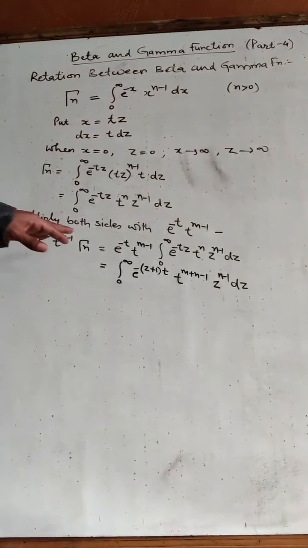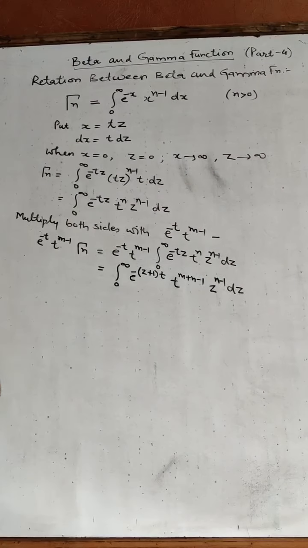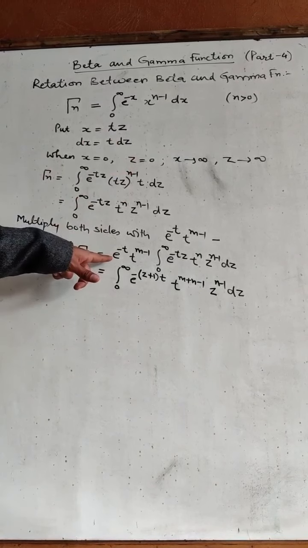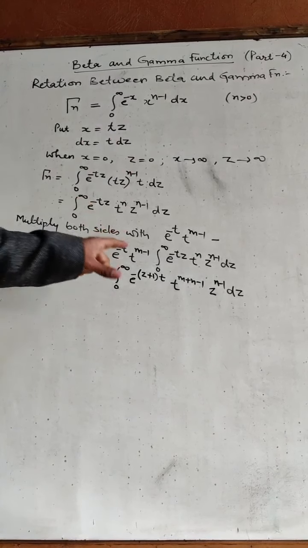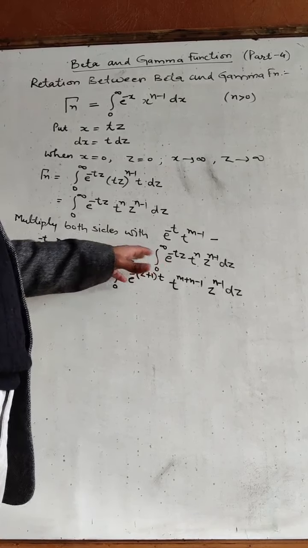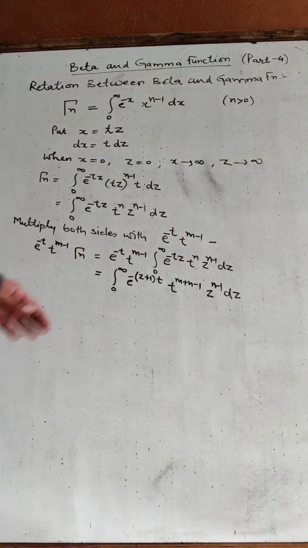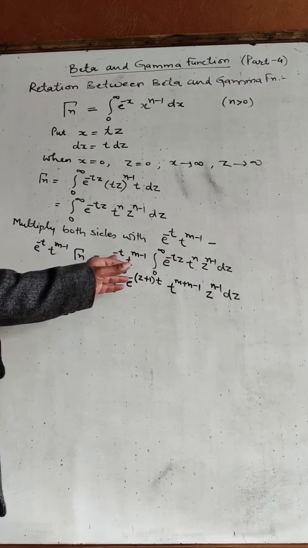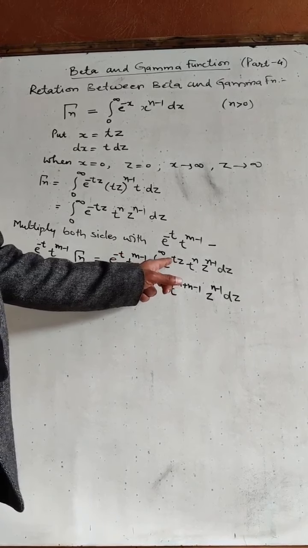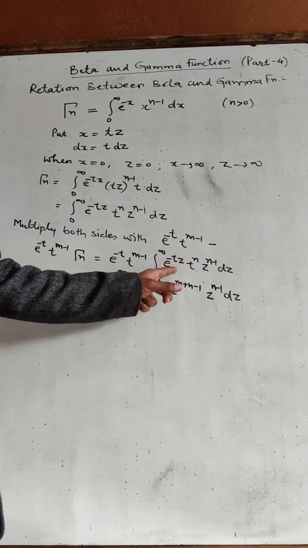So again, look here. This integration was with respect to the variable z, so these terms, e raised to the power minus t, t raised to the power m minus 1, are constant, so they can be multiplied inside. When we simplify, we already have e raised to the power minus t z, and we multiplied with e raised to the power minus t.